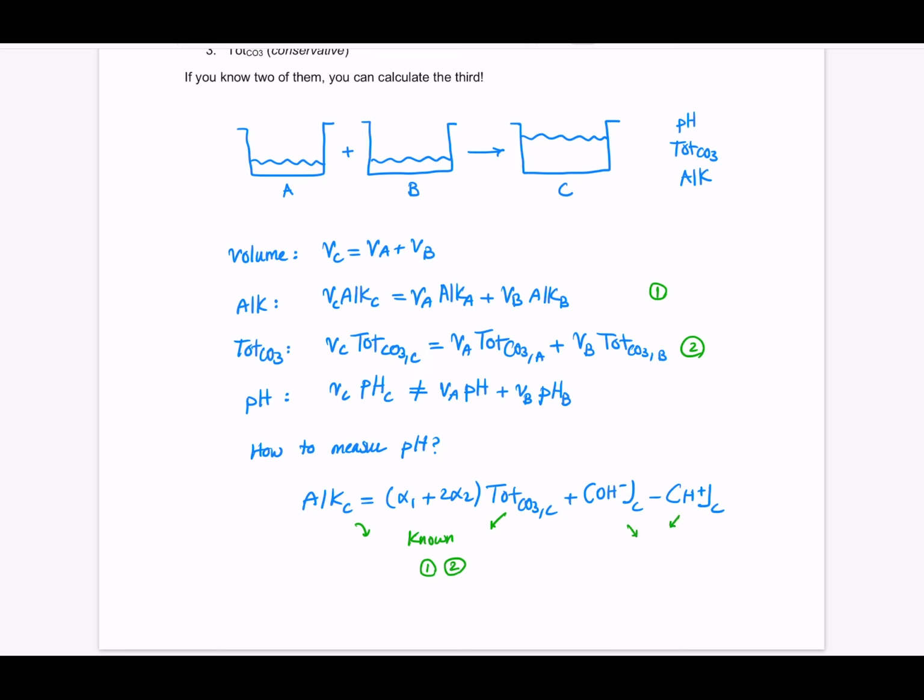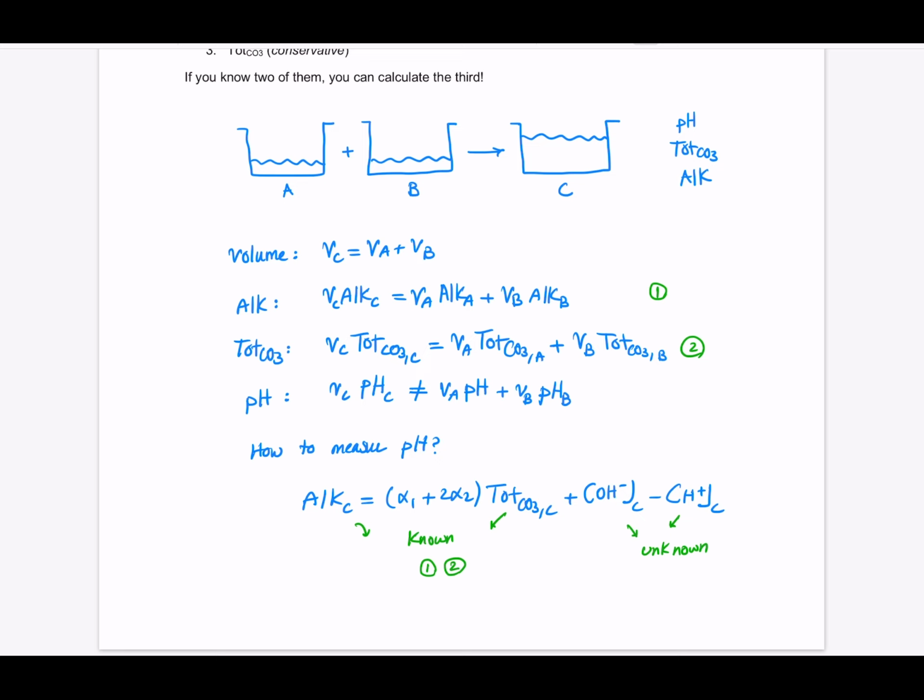And these two are unknown. And we know how hydroxide is related to H+. So it's basically one equation, one unknown eventually. So that's why defining alkalinity could be a very good bridge in terms of doing the calculation eventually.